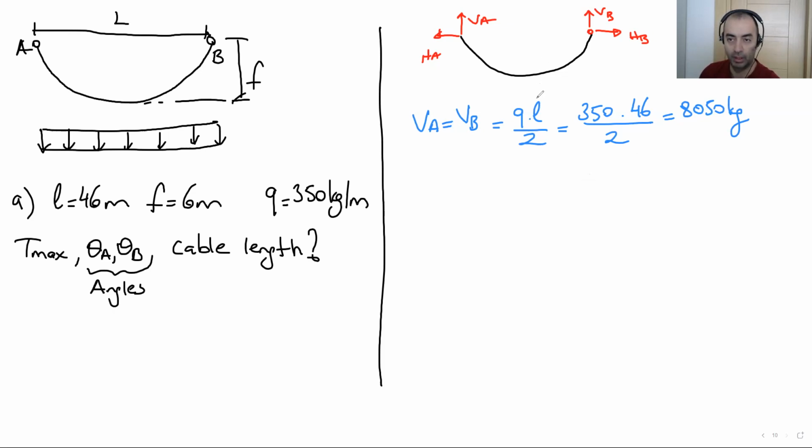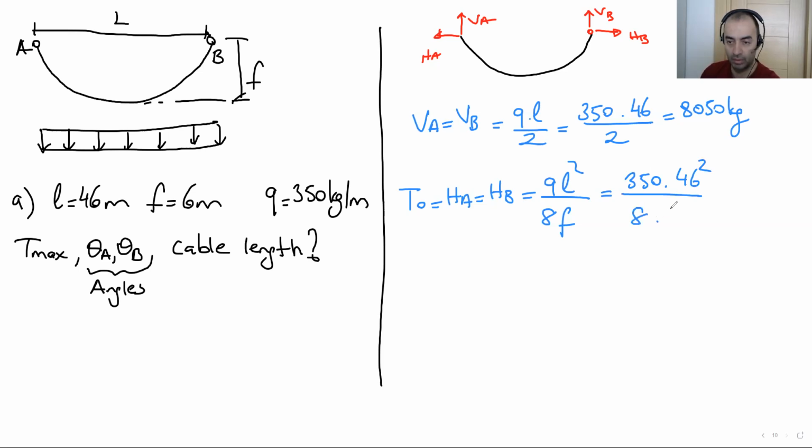Remember that the minimum tension load is the horizontal component of the cable force. So HB and HA equal T0, which is QL squared over 8F, with Q here, L, and F as 6.